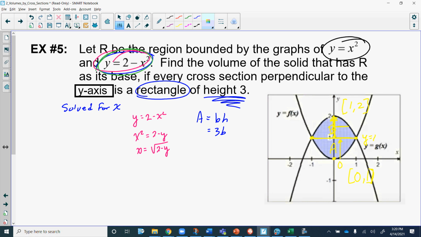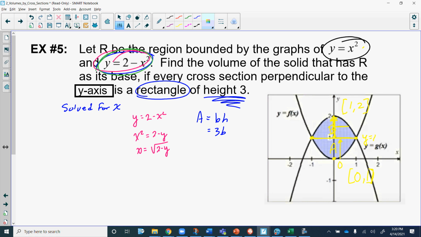So let's see what we have. We have something in terms of x, but that's only for one. That's that y is equal to x squared. This is going to be the base of the rectangle for only one of the regions, because I wasn't thinking about it.